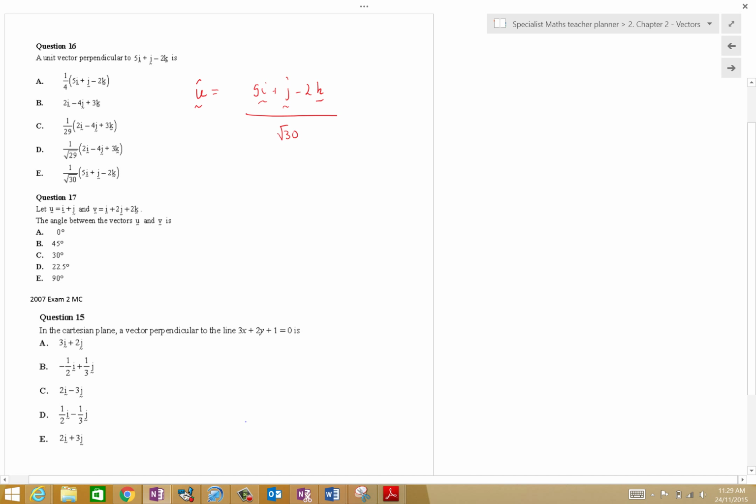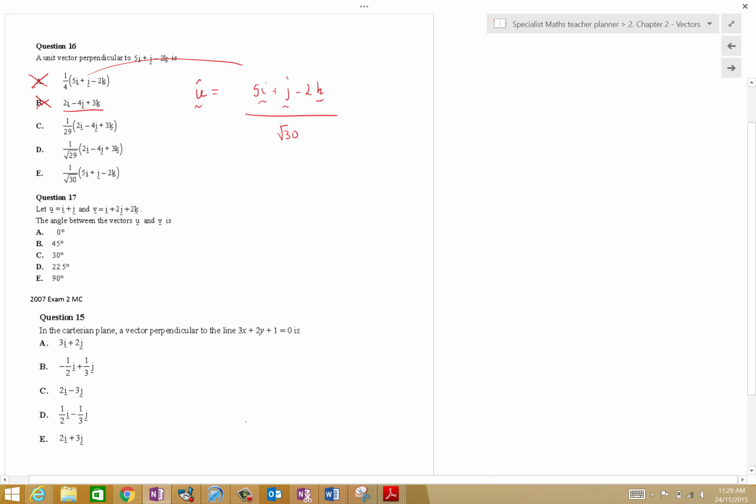Now, if I have a unit vector perpendicular to something, then that means the dot product would be 0. If I was to dot product, 5 times 5 would be 25. Now, first of all, that one's not going to give me a unit vector anyway, so we can clearly get rid of this. Is this a unit vector? B? No, so we could clearly get rid of this.